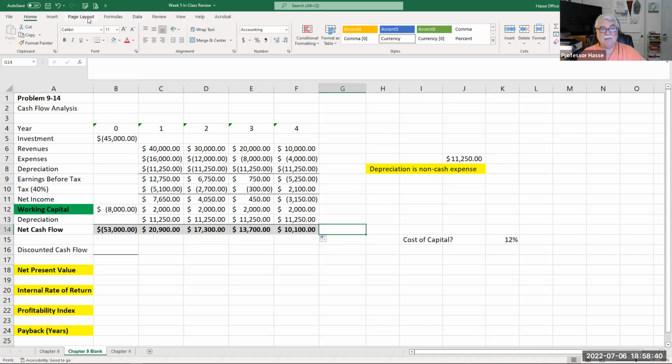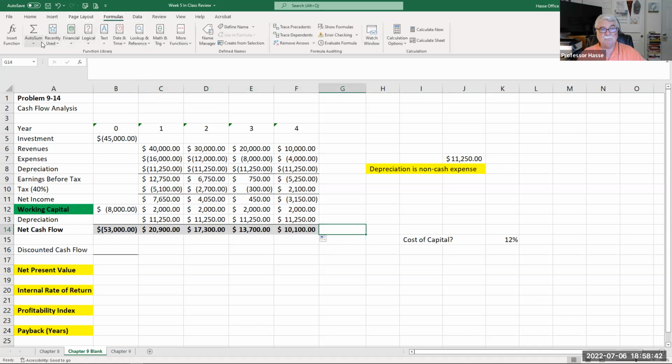Well, let's sum that up just so we can see it. We're generating $62,000 return in cash flow off this investment of $53,000.